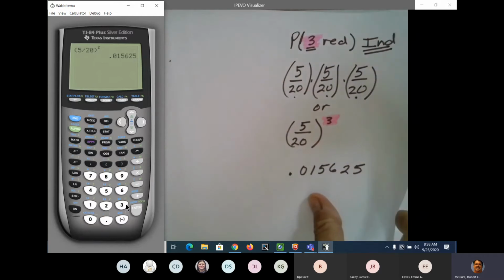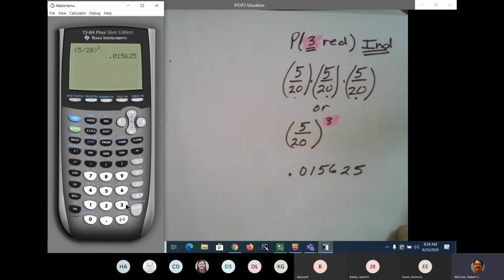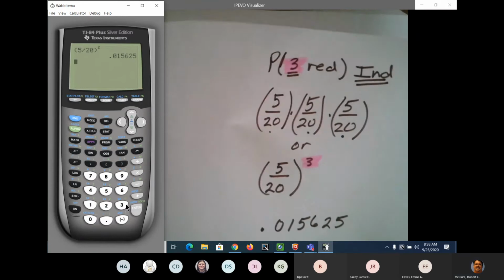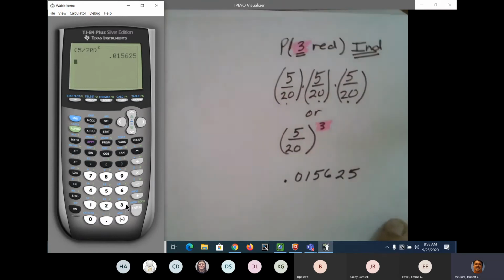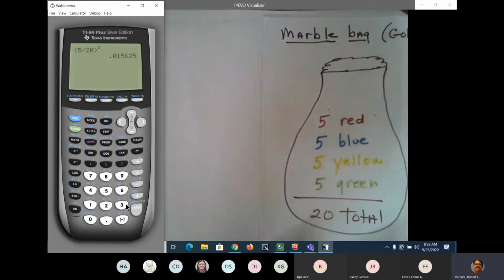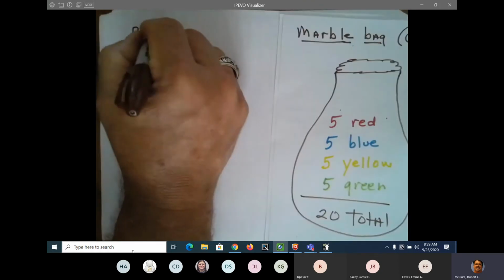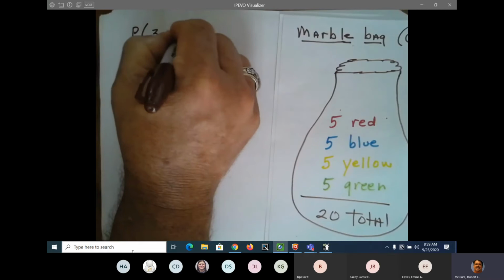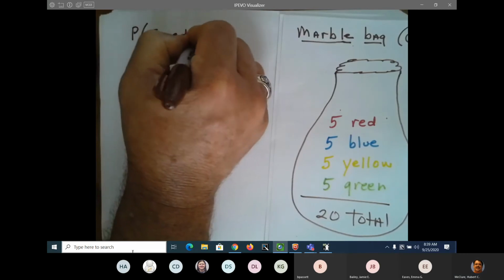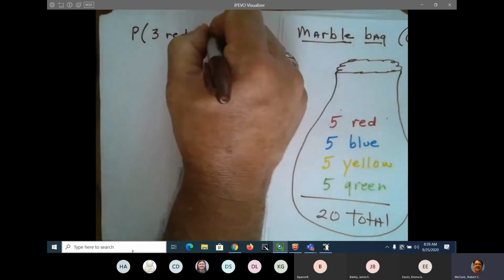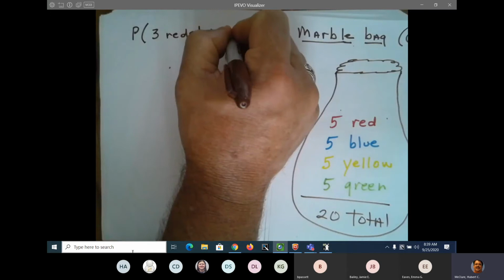Now, the third type question is going to be just like this one. We're going to do the same thing, only this time we're going to make it dependent. So the question will read, what is the probability of 3 reds, dependent or without replacement?